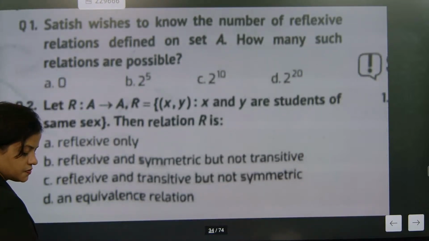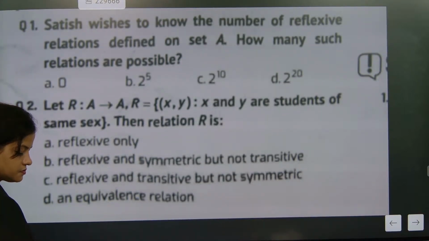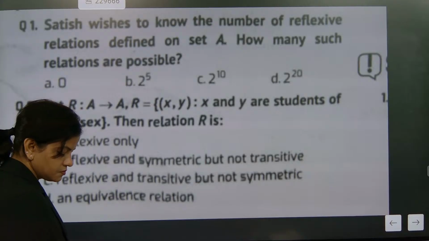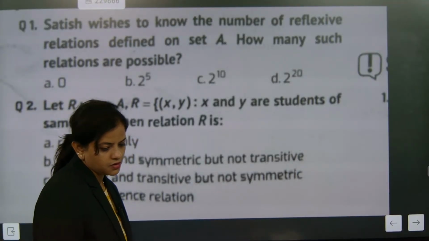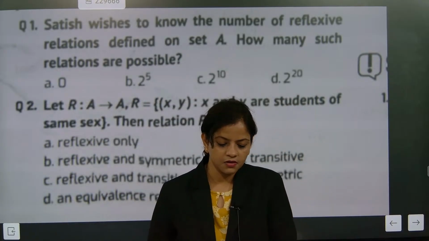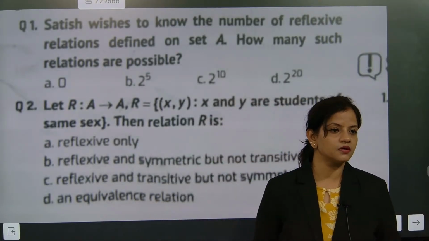Then relation R is... Shall we go for the next one?